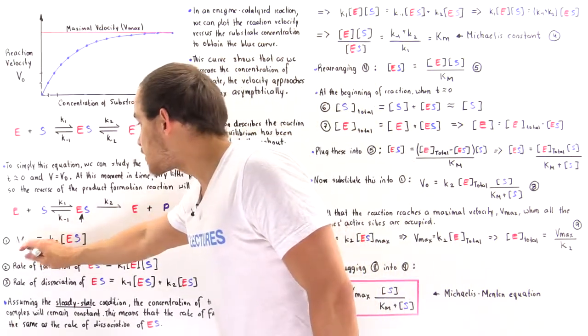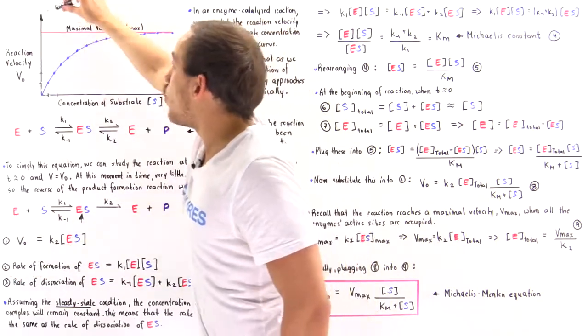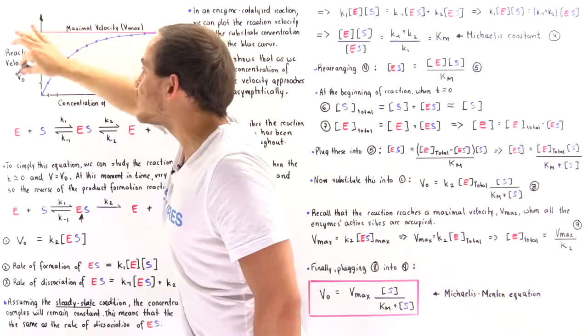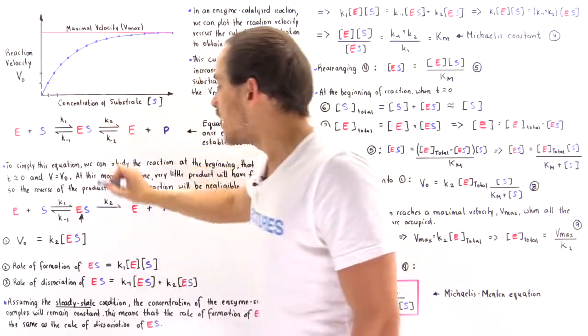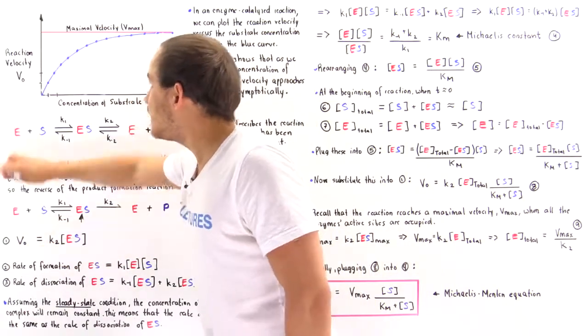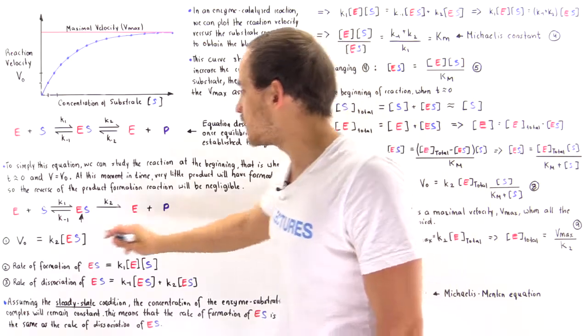The rate of this, which is V naught, remember, the y-axis here describes the rate at which the enzyme transforms the substrate that is bound to the active site. So this V naught is the same V naught that we have along the y-axis here.